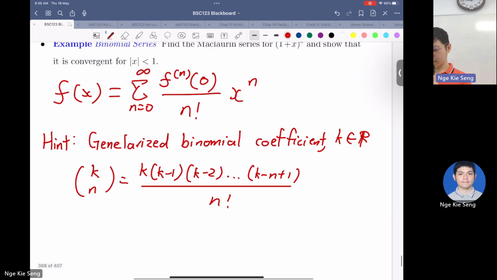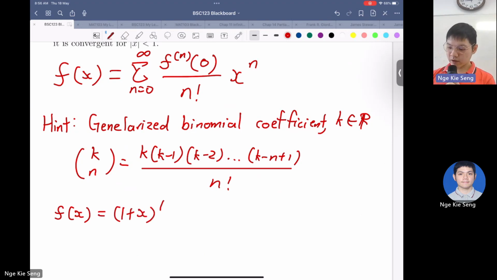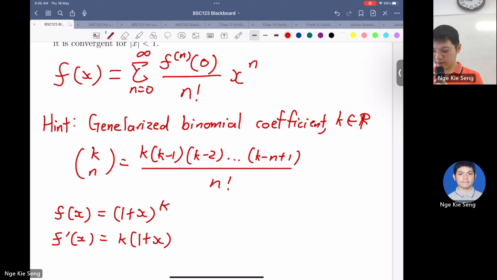Okay, so let's continue first. Did you manage to compute all the derivatives? So what is f(x)? f(x) is (1 plus x) to the power k, and then f prime x is just k times (1 plus x) to the power k minus 1. f double prime x is k times (k minus 1) times (1 plus x) to the power k minus 2.